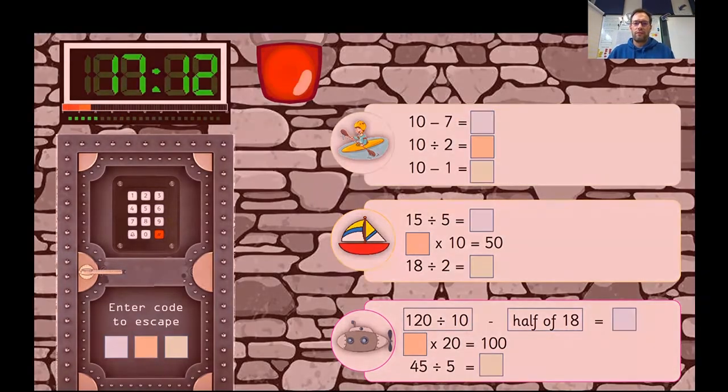Oh no, I think the red flashing light is telling us we're running out of time and we might get trapped in this room. I hope you've managed to solve the code. 5 seconds.